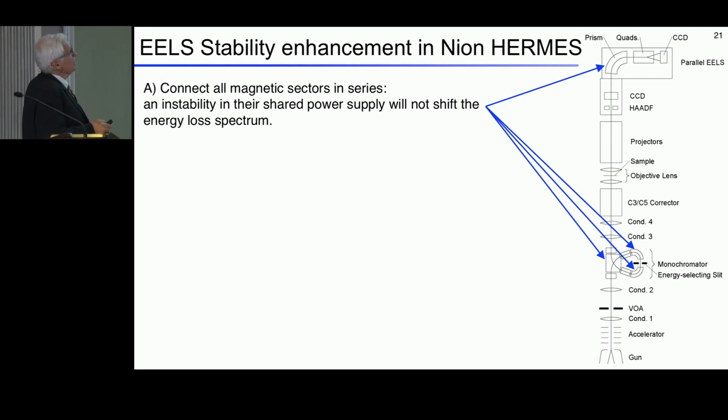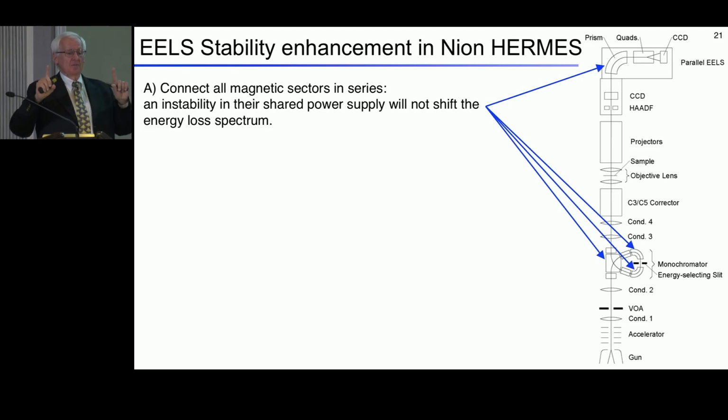And one way to do it is to put the monochromator on ground potential and have the magnetic prisms in the monochromator that steer the beam around and energy disperse it at the monochromator energy selecting slit. Have it tied together with the prism in the spectrometer so that if anything moves, everything moves together. And it's the relative distance between the things that matters.